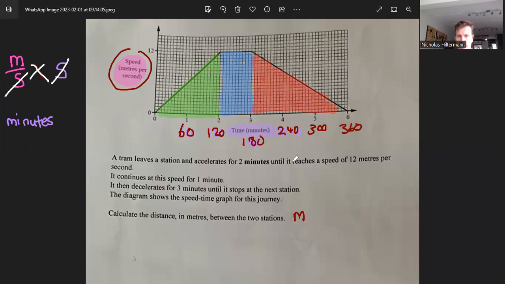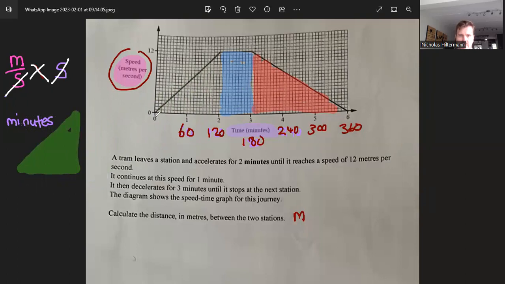Then we're going to just add these areas up. So let's just move this to the side here.